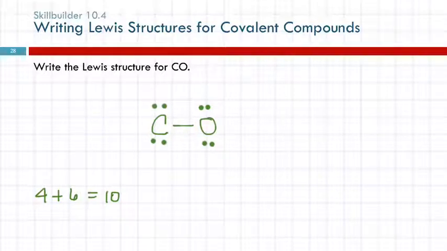Yeah. So carbon started out with 4, but it looks like it's starting out with 5, 7. Okay, so the thing is, you do not need to consider who brought the electrons. This is like a potluck. Maybe you brought a bag of potato chips and somebody else brought lasagna. But it all goes out on the table and everybody gets to share.